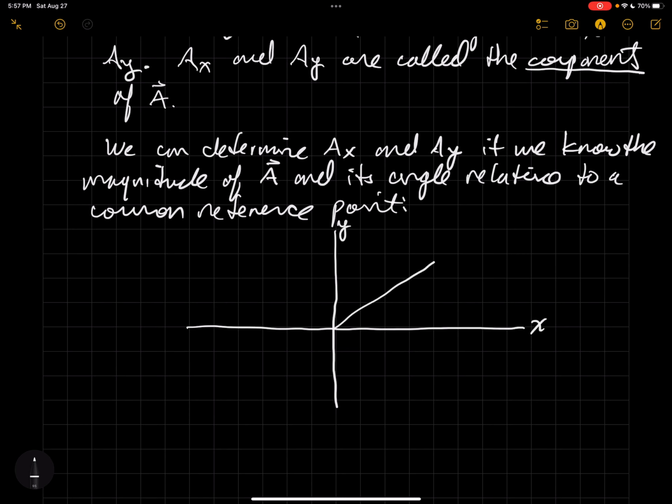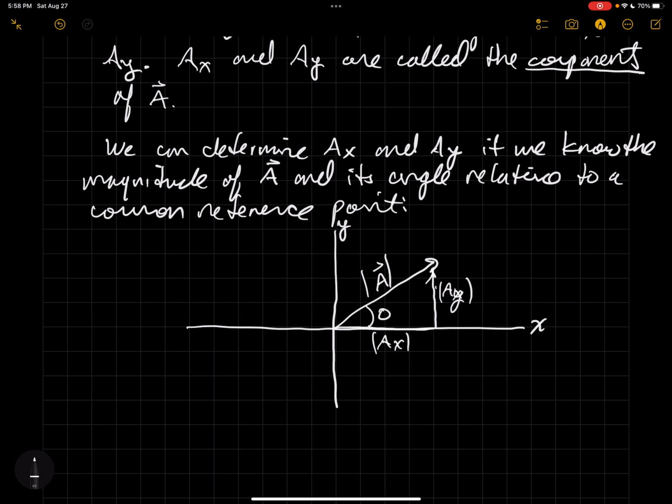And let's suppose that this is vector A. Just to make this simple in our discussion here, we're going to say that this is the magnitude of A, this is the magnitude of AY, and this is the magnitude of AX.